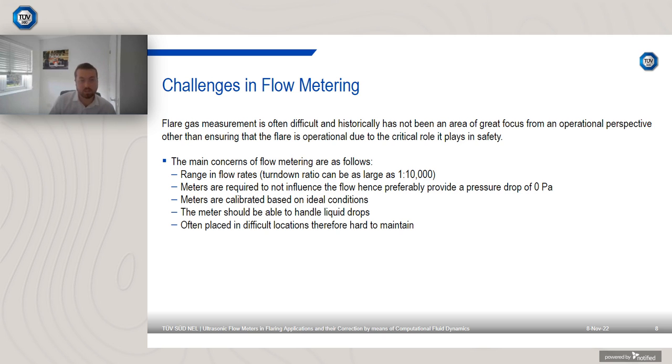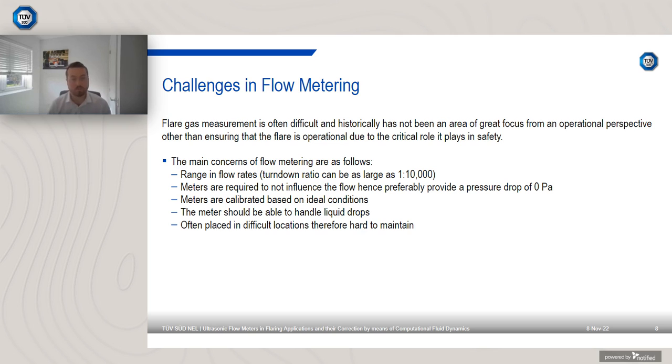First challenge is that there's a large range in flow rates, and this ratio in flow rates between the minimum and maximum is called the turndown ratio, and it can be as large as 1 to 10,000. Obviously, flares play a critical role in safety, and therefore, if there's an issue, you want to get rid of the gas as quickly as possible.